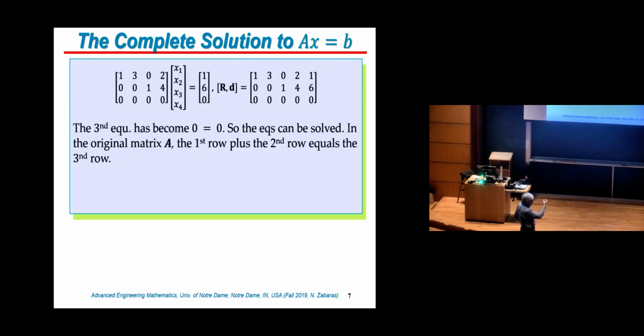Remember, there is a hidden system of linear equations here, right? There is the identity matrix, and next to it you have this matrix 3, 0, 2, 4, if you rearrange and put the pivot variables first and then the free variables. When you multiply with the pivot variables and the free variables, you get 1, 6. And we said to get a particular solution, we set the free variables to 0.